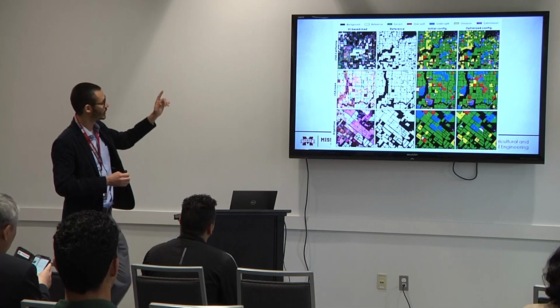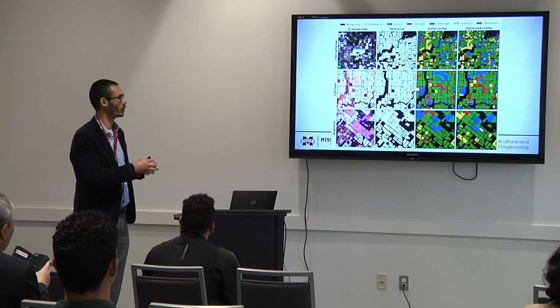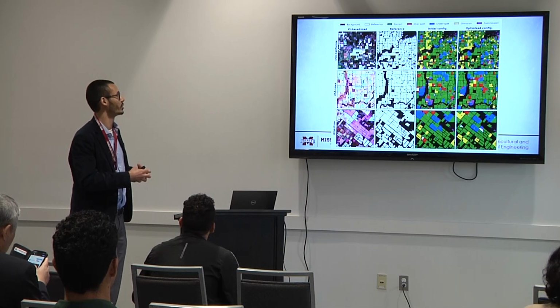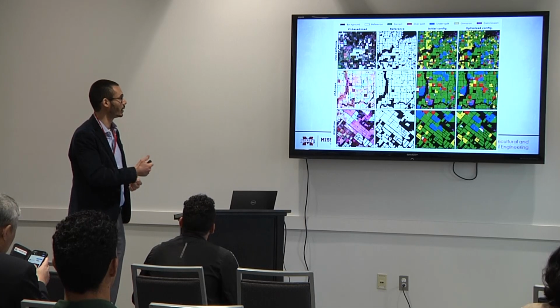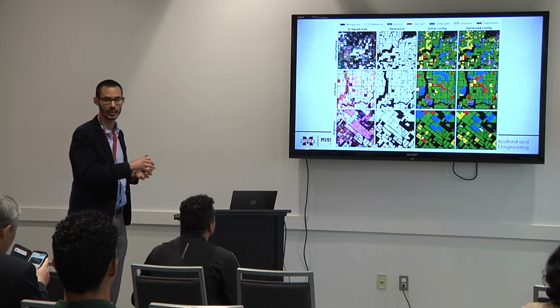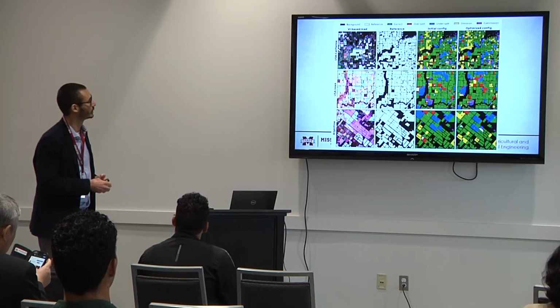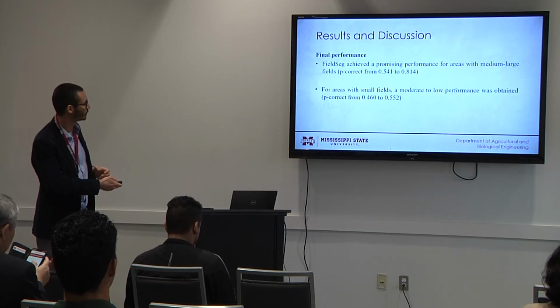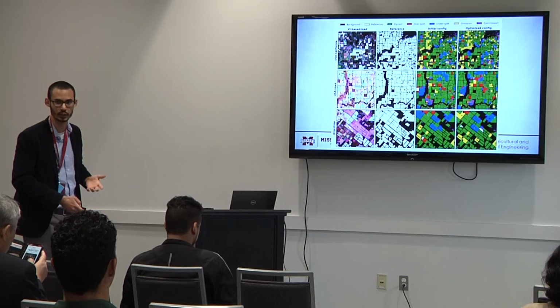If it is blue, it means that there was an undersplit. If you see red, it means oversplit. Yellow is an omission, a field that I didn't capture. And purple is commission, when I predicted a field, but I shouldn't have predicted that field.